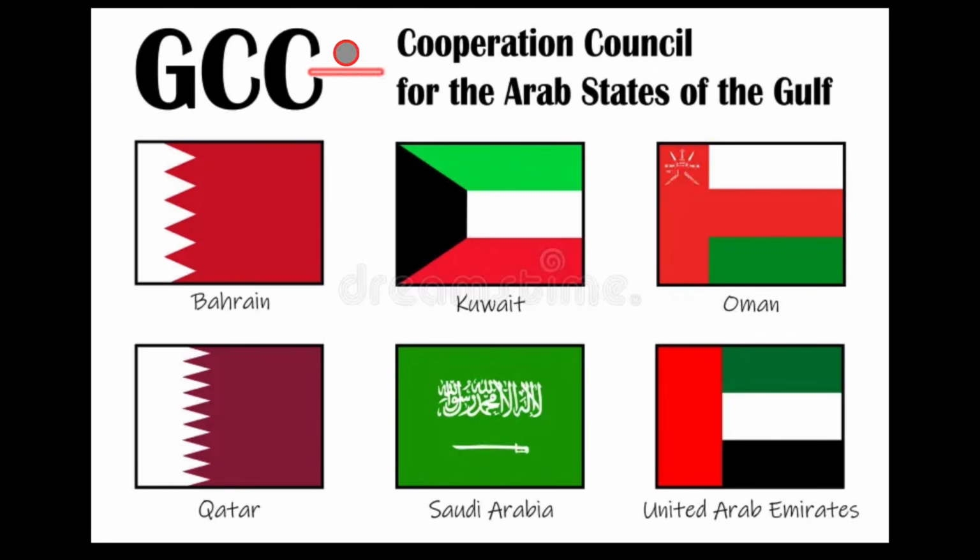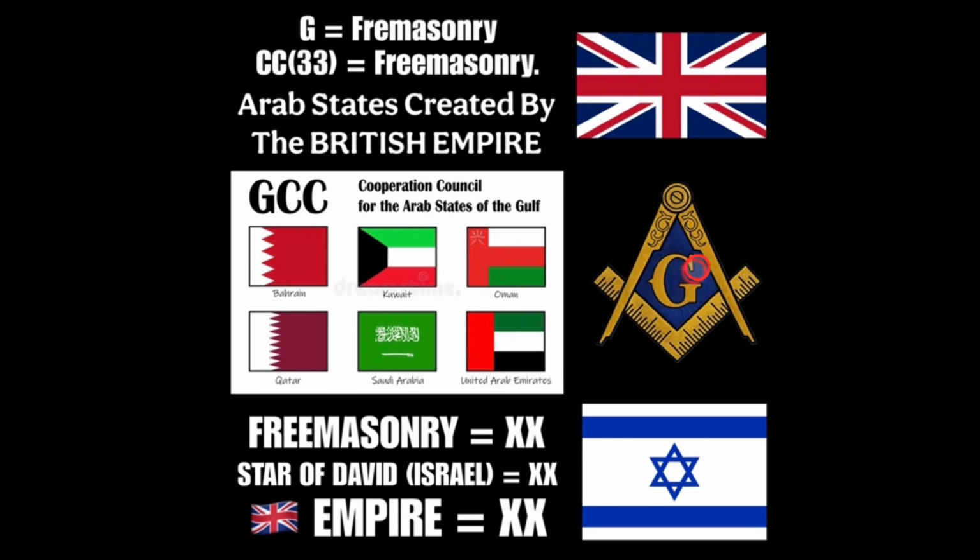Now, GCC, you couldn't get more Freemasonic if you tried. G is obviously seventh letter of the alphabet, but the Freemasons use this because it represents genius, it represents God. Yeah, that's why it's in the center of the square and compass. And obviously CC, that's 33 in numerology. Once again, Freemason. Freemasons are the civilian arm of MI6, yeah?